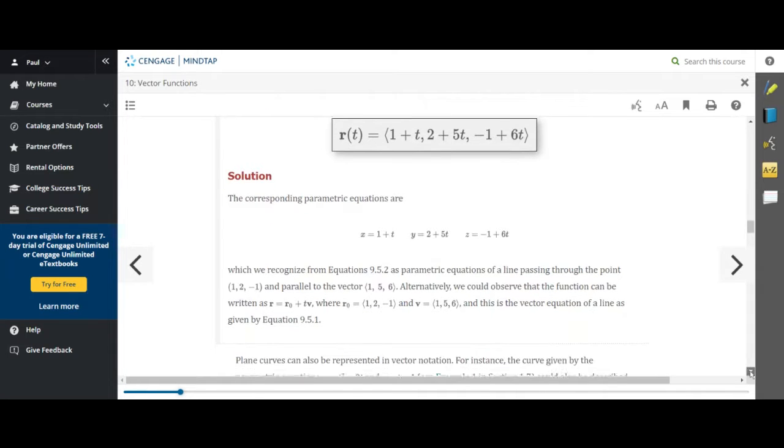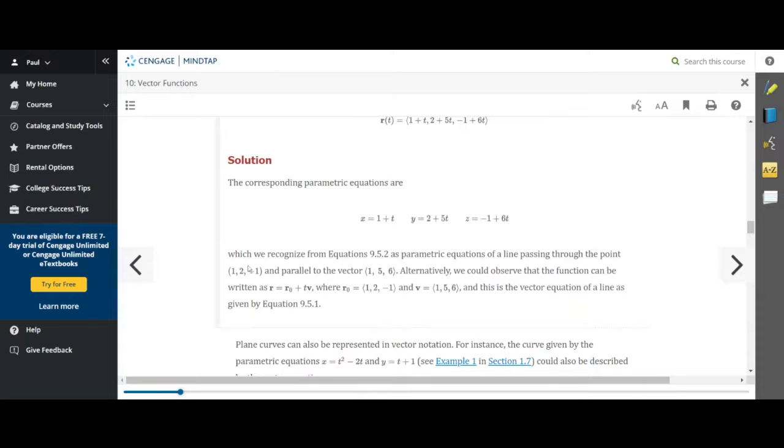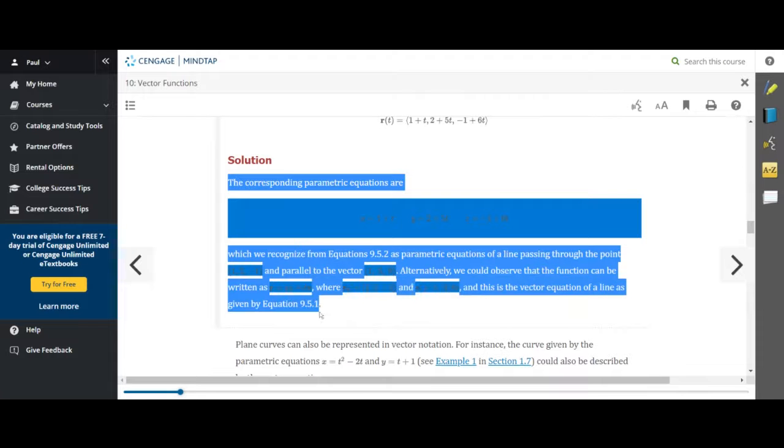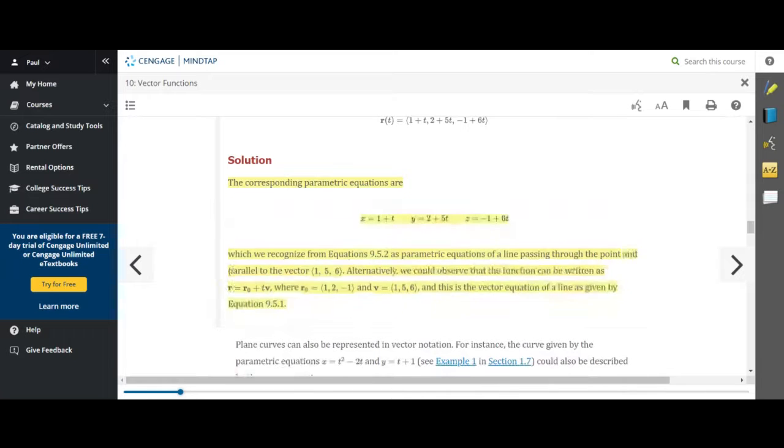And sure enough, the parametric equations are parametric equations of a line passing through the point 1, 2, negative 1, and parallel to the vector 1, 5, 6.